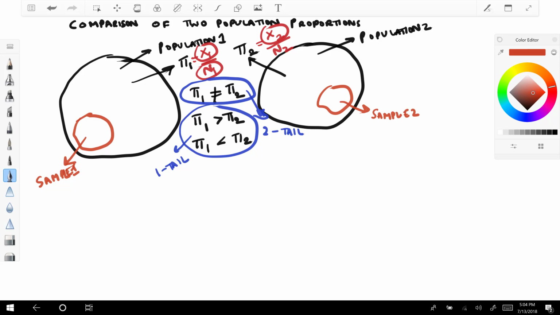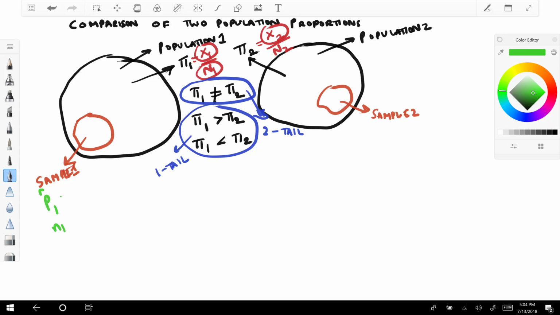So the facts about sample 1 are mostly in terms of proportion. It can be represented by P1 hat, and I will take a sample of size n1.